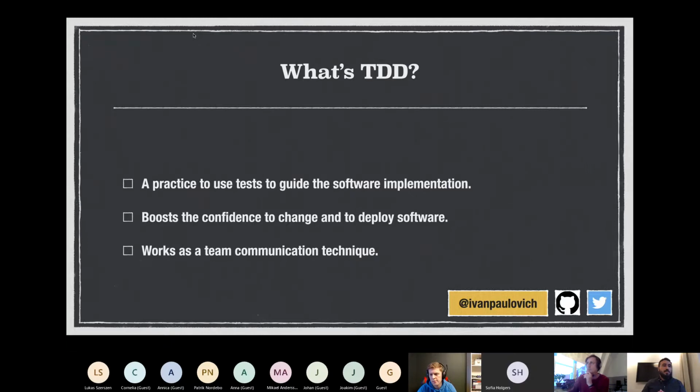Another characteristic of test-driven development is to boost the confidence of changing the software, like adding new features and having some assurance that the software won't break. And by having this confidence, you can also deploy the software more often.